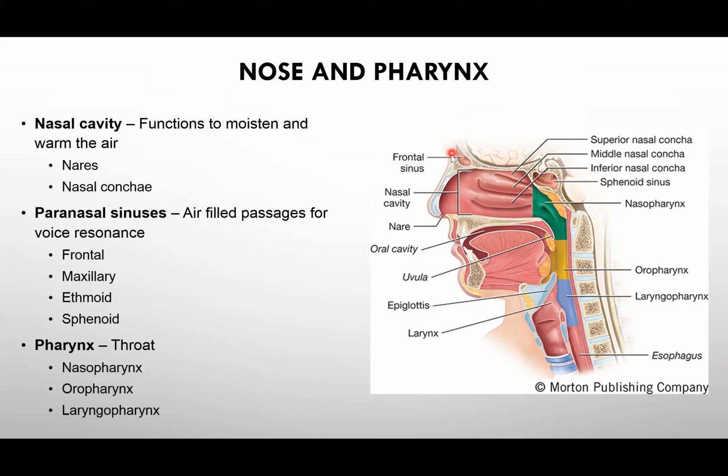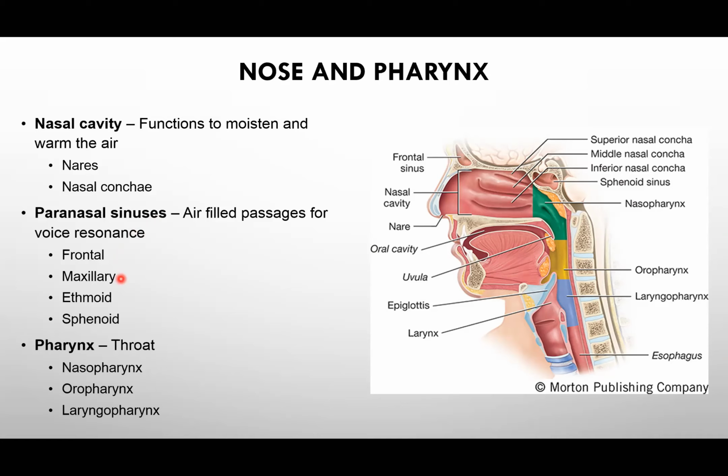And so you can see here is the frontal sinus. It's just an open space in the frontal bone. We have the sphenoid sinus over here, which would basically be an air-filled hole inside of the sphenoid bone. So that's what I'm referring to when I'm saying paranasal sinuses. In addition to the frontal and the sphenoid, you can see in this picture, we also have maxillary sinuses.